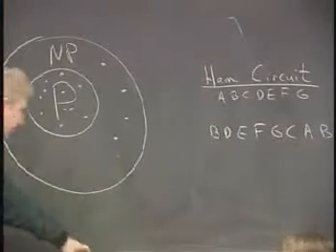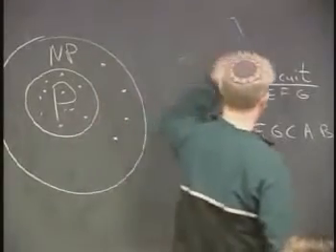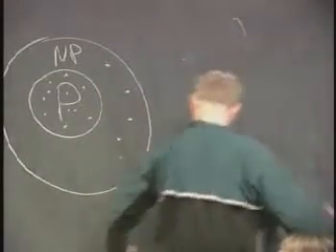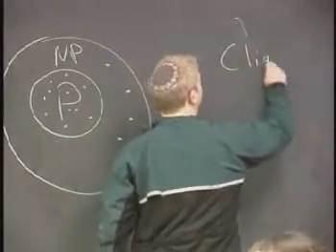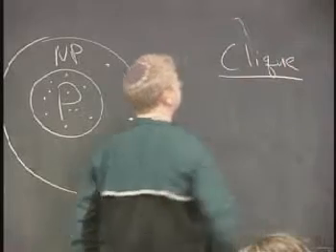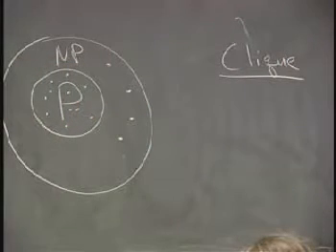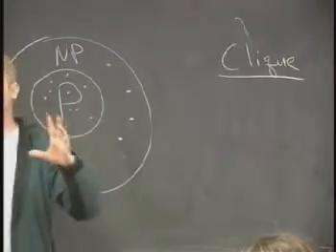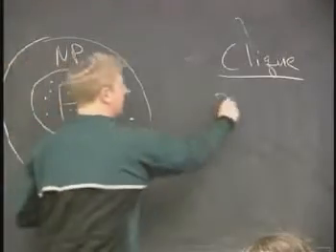OK, let's do another NP algorithm. This problem is called the Clique problem. In the Clique problem, you're given a graph. Here's an example.